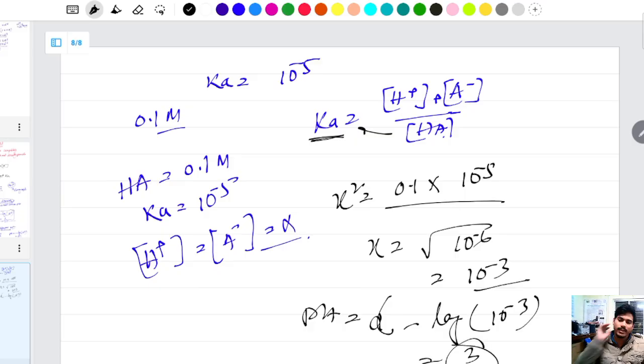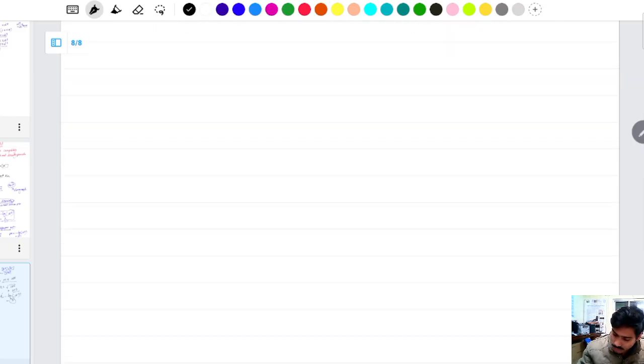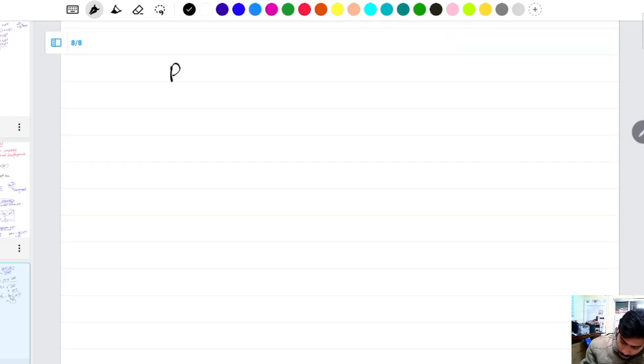Hope that you guys can understand this math, and also the strong acid and the base. Then we can talk about the pK value, and what is the pK value for weak acid, and the relationship of the logarithm of that K and dissociation along with the pK value. So let's talk about the pKa.